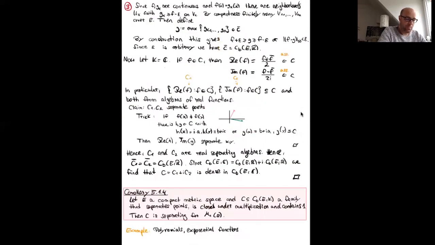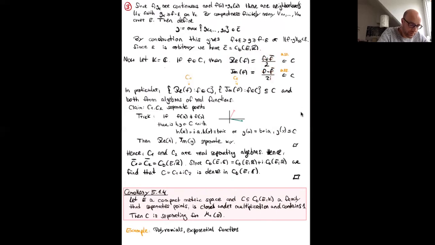So now we need to push the real valued arguments to the complex case. Okay, so we take that algebra C. Now we recall these formulas that we proved by drawing a little bit earlier. The real part of f and the imaginary part of f, I can write as these sums.